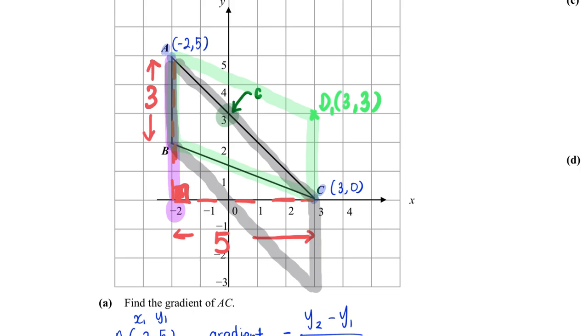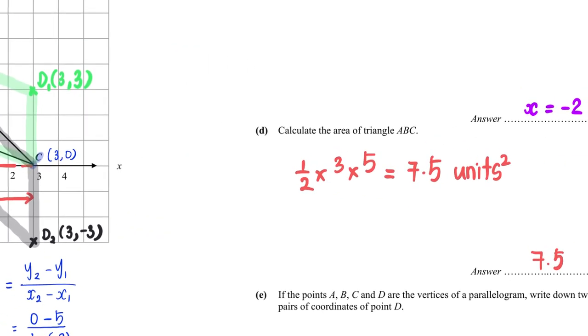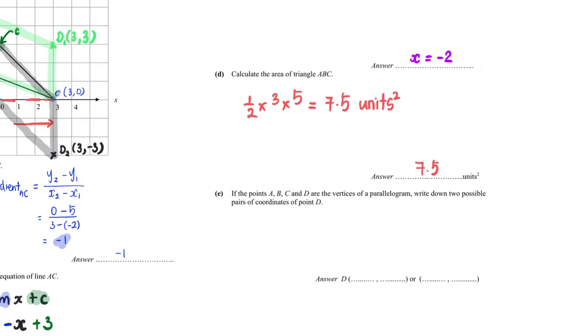And this is another possible value of D, where A, B, C, D are points on a parallelogram. So in this case, x is 3, y is -3. And so, these are the 2 possible answers. I'm going to just write it down at the side here. It's either (3, -3), or (3, 3).